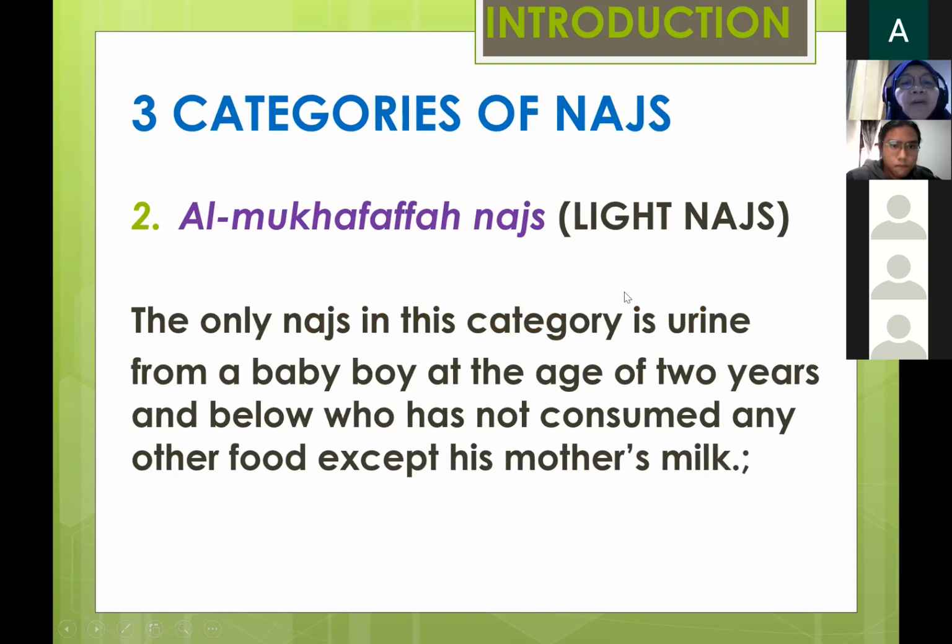Number two is mukhaffafah najis, or light najis. There is only one type of mukhaffafah najis in this world. It is the urine from a baby boy at the age of 2 years and below who has not consumed any other food except his mother's milk. Is that clear? Not a baby girl, only a baby boy.